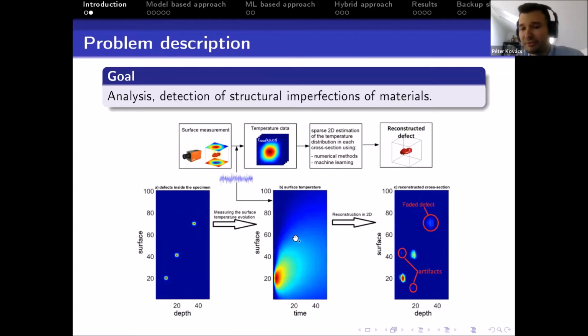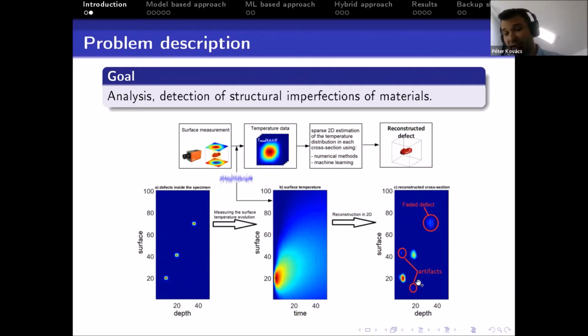So during the reconstruction, the only thing we have is the surface temperature images that you can see in the middle. And out of that, we need to approximate the initial temperature profile of the specimen. On the right side, you can see an approximation to the ground truth initial temperature profile.